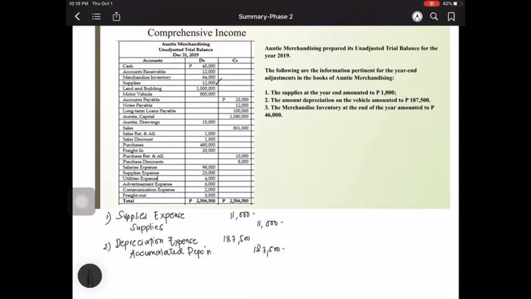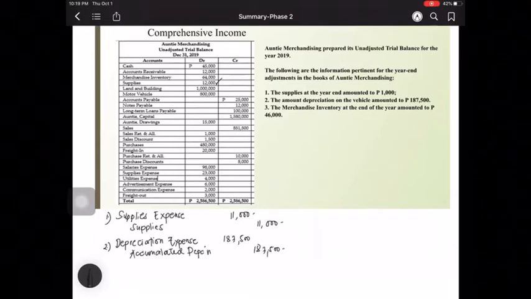Next, okay, we were given now the actual value of the merchandise inventory at the end of the accounting period. Therefore, what method of inventory is applied in the problem? The method of inventory applied in the problem is your periodic inventory method.